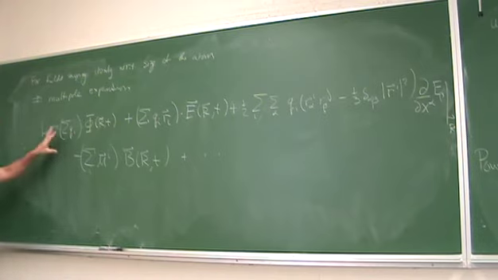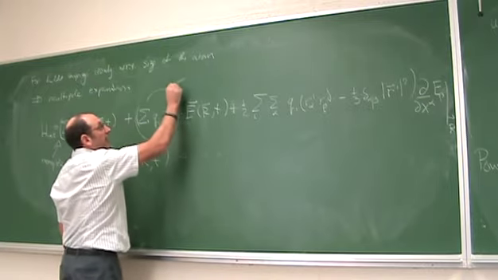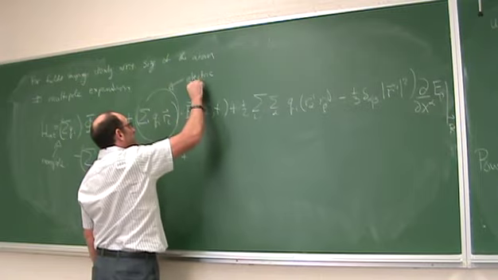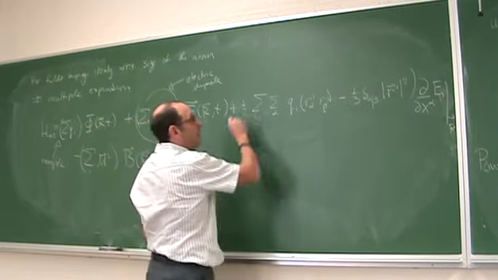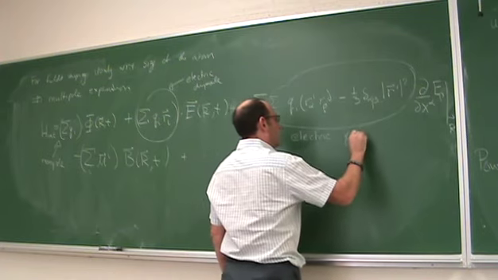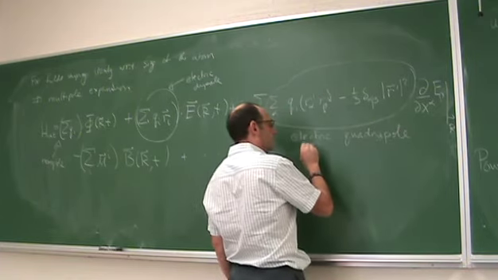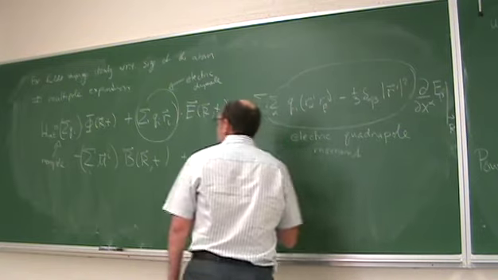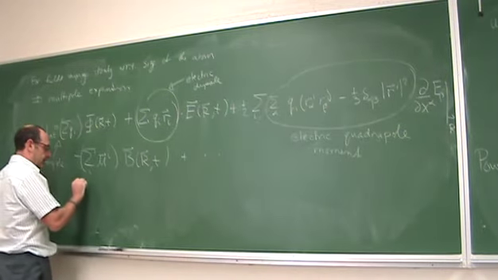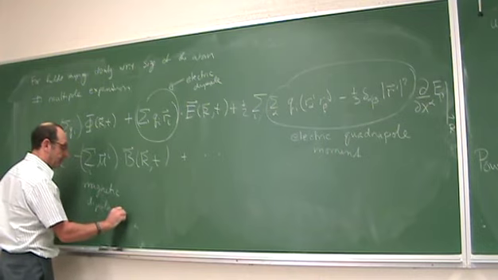What I see is a term that has to do with the monopole moment, a term that has to do with the electric dipole moment, a term that has to do with the electric quadrupole moment, a term that has to do with the magnetic dipole moment of the atom, etc.